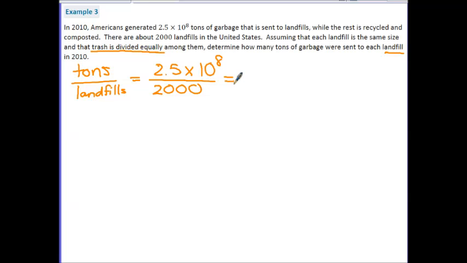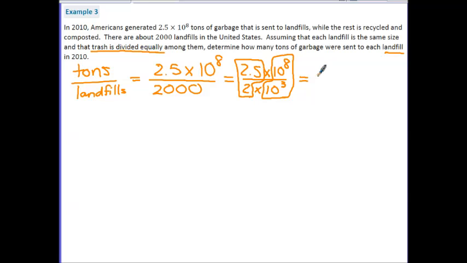So again, we need to turn this back into scientific notation. So I know this would be 2 on the bottom times 10 to the power of, let's say we move over 1, 2, 3 times. Number on the top is the same. Okay, and again, I'm going to break this up and divide my 2.5 by 2.